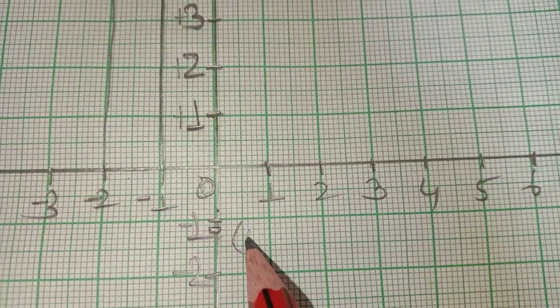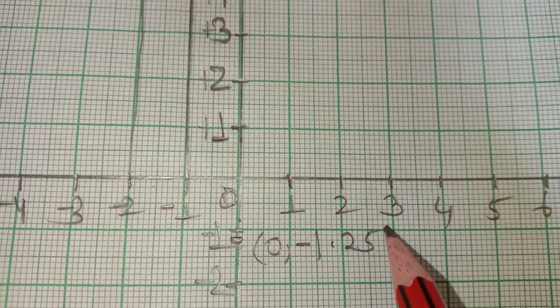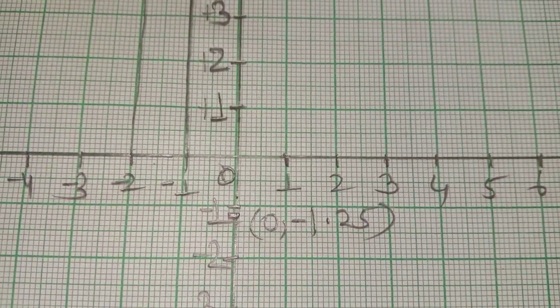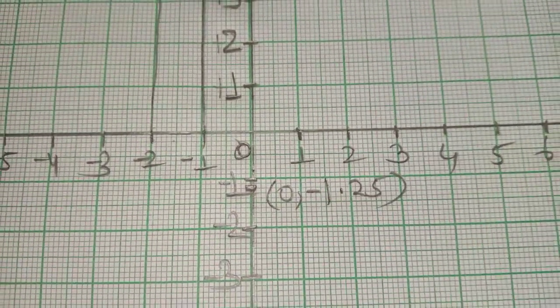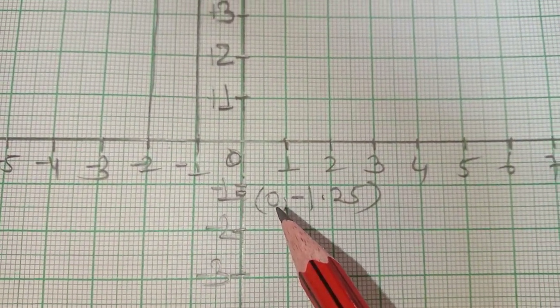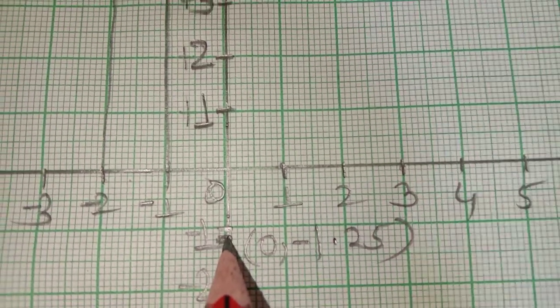So you write here 0, -1.25 because it is on the y-axis. A question might arise in your mind why not here, why not here? Because x is 0 and then we have to consider the y-axis, so somewhere here our point will be. You can see clearly.